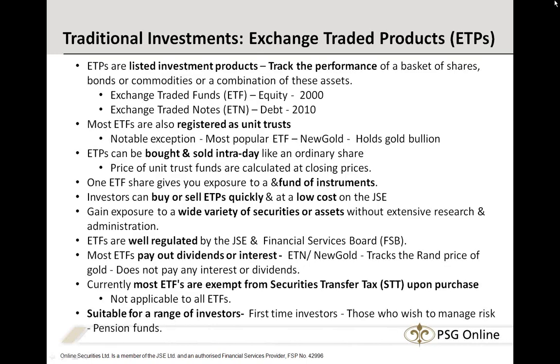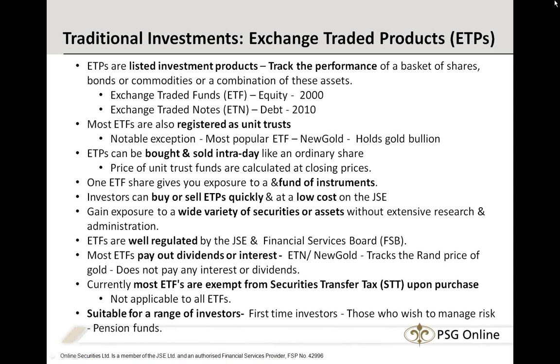Very similar to unit trusts, we talk about exchange traded products. It's an umbrella term for ETFs and exchange traded notes. Exchange traded funds have been around about 14 years now. Exchange traded notes have been around about 4 years.